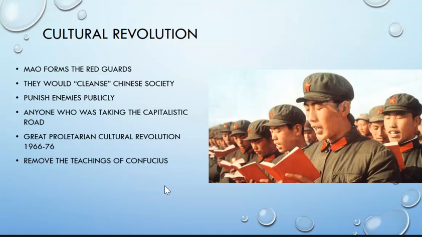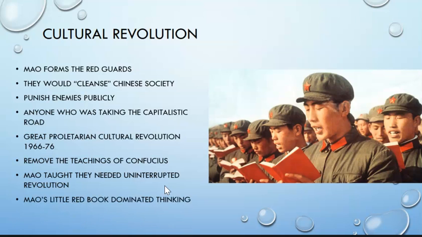You're not supposed to talk about Confucius. You're not supposed to quote him and so forth. It had been common for hundreds of years, probably thousands of years in China. No longer approved of.